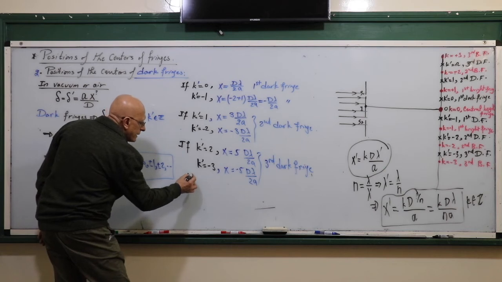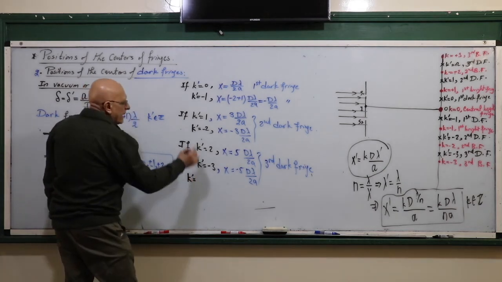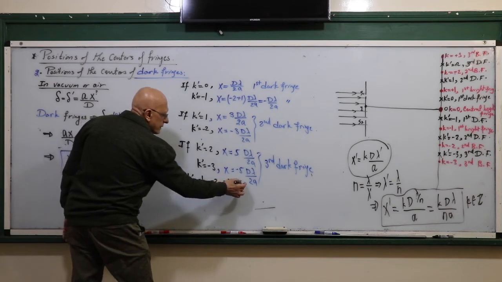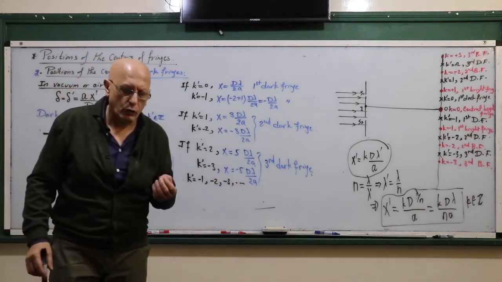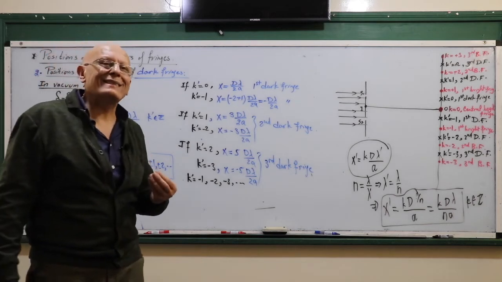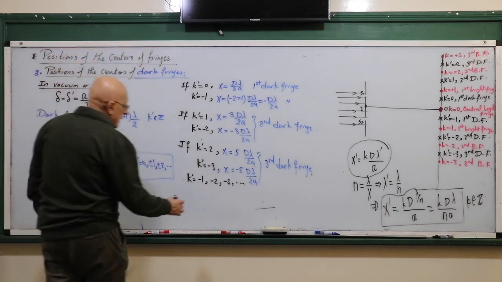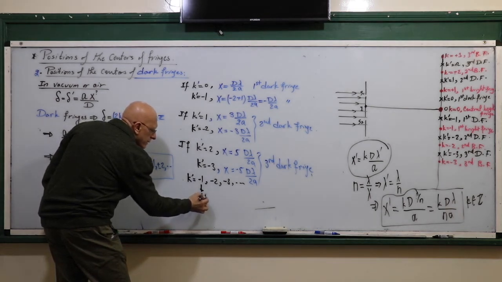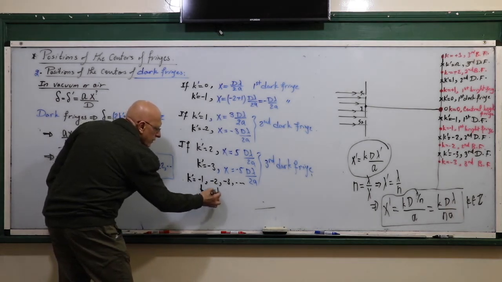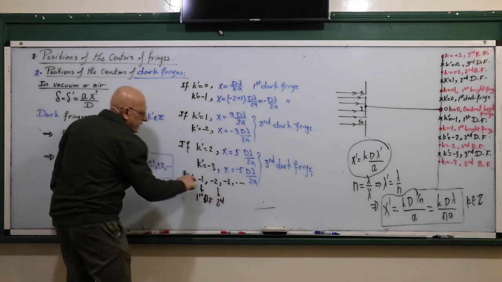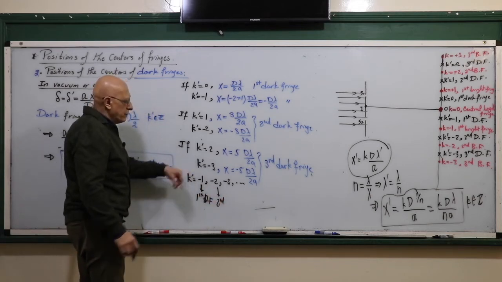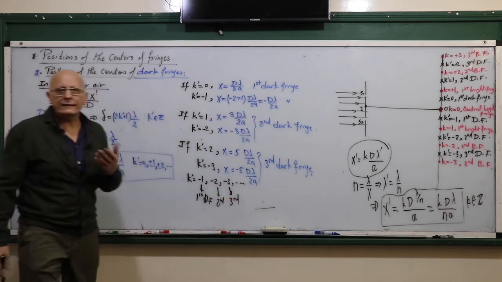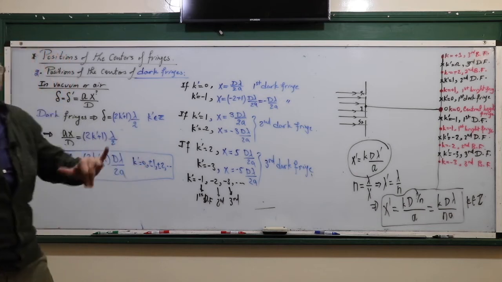When we say K prime minus 1, minus 2, minus 3, etc., there is no difference here between the order and the naming. K prime minus 1 is the first dark fringe, this is second, K prime minus 2 second, K prime minus 3 third, K prime minus 10 means 10th, but below O.